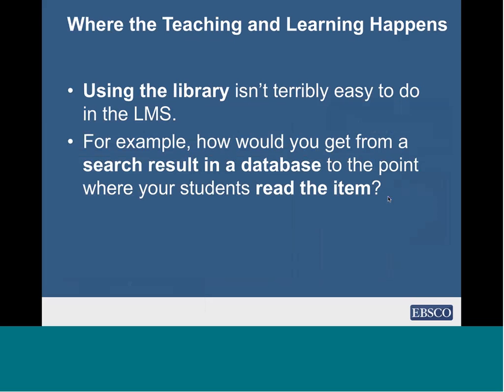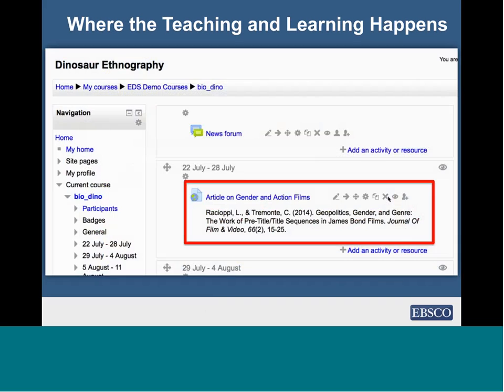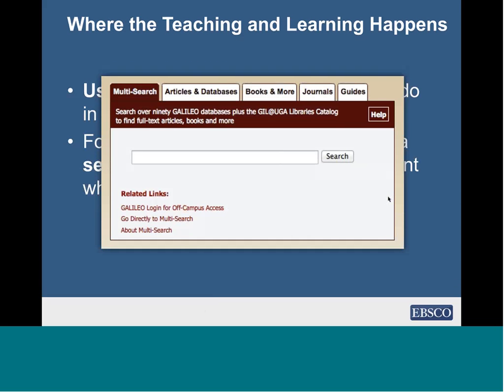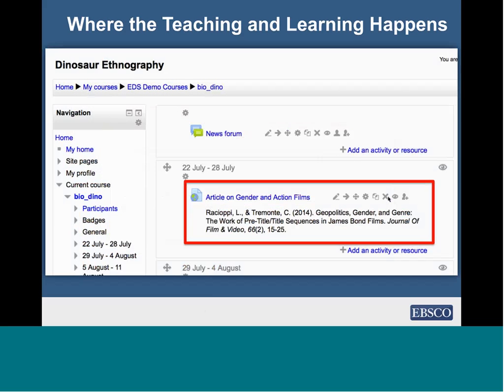So for example, let me pop open here. I want to know, if this were your library's main search box and a faculty member wanted to include something from the library inside their Moodle space or their Sakai space or whatever LMS you're using, they wanted to take an article that you have access to through the library and put it in that space to where it appears here for students to read it as part of their classroom experience.